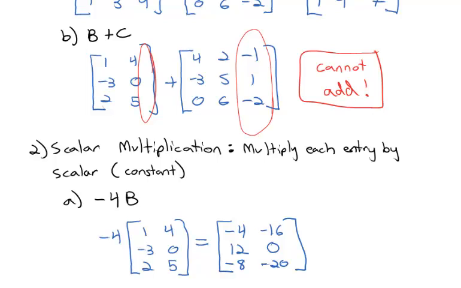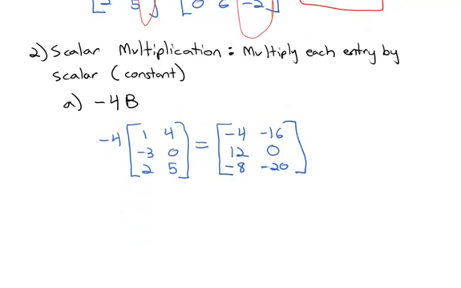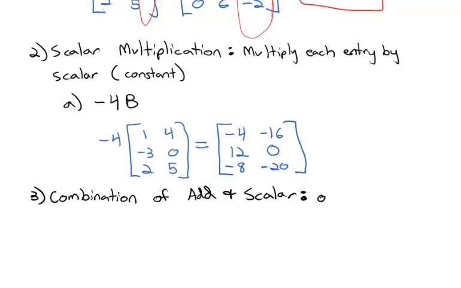Now addition and subtraction are pretty straightforward as operations. We can actually do various combinations of adding and subtracting and scalar multiplication. It's a combination of add and scalar. And when we do a combination, same as always, we think about the order of operations. Order of operations tells us that we should multiply before we add.